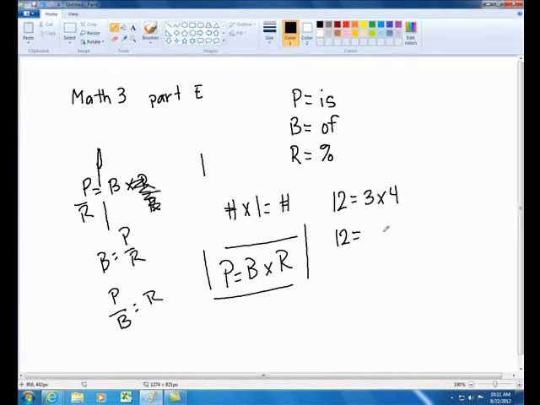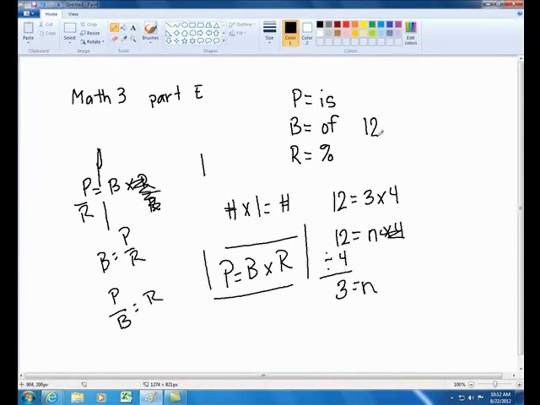And I'll show you. If I have 12 equals n times 4, you would solve for it by dividing by 4. So we're multiplying on this side, we divide on this side when we cross over, and that equals 3. And it solves for n.